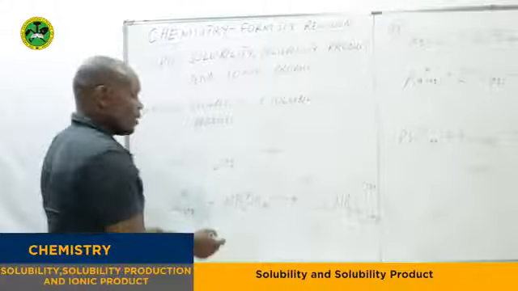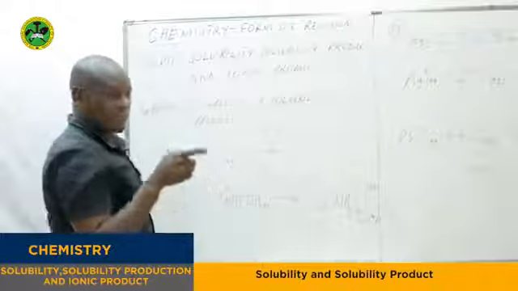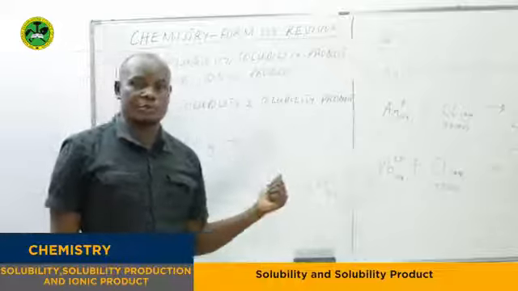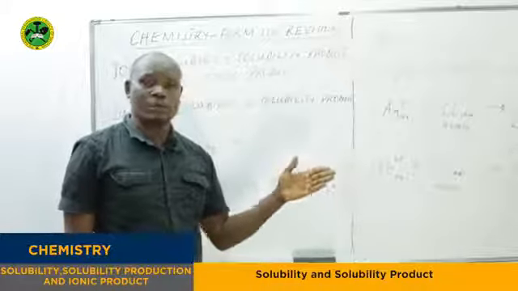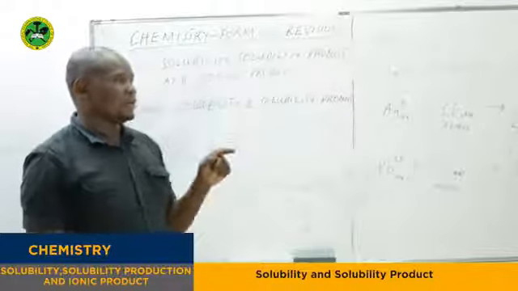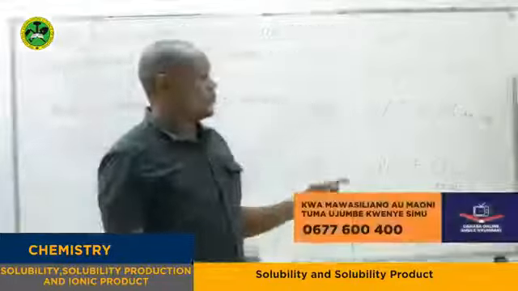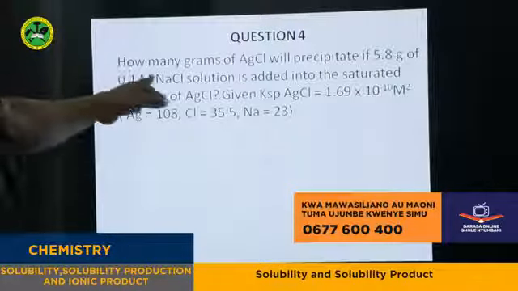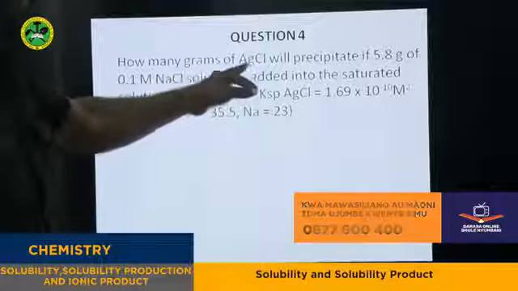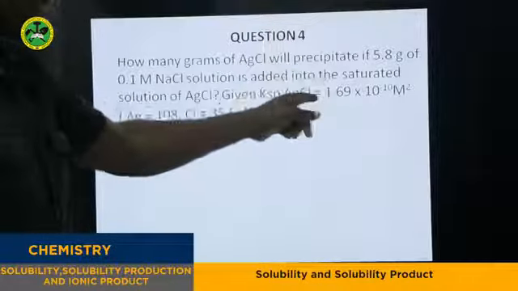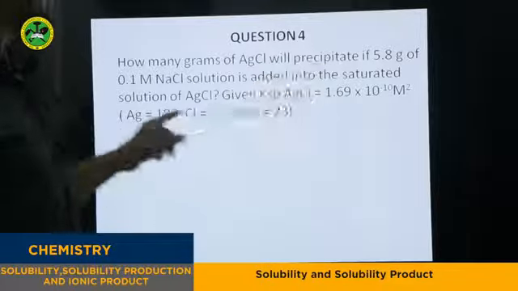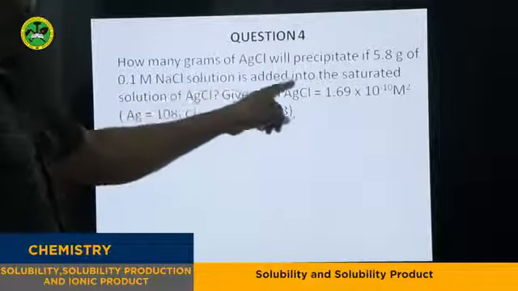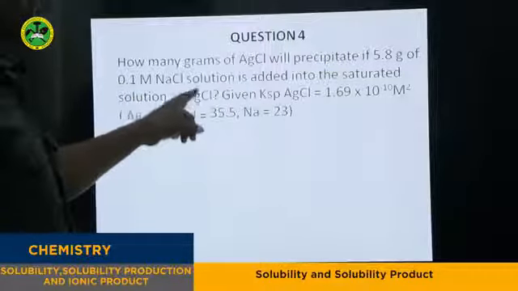So that is what it was supposed to be for the third part of the question. Another question will now be your assignment. I will read it to you, and you copy it, then do it as your assignment. Question number 4: How many grams of silver chloride will precipitate if 5.8 grams of 0.1 mole sodium chloride solution is added into a saturated solution of silver chloride?